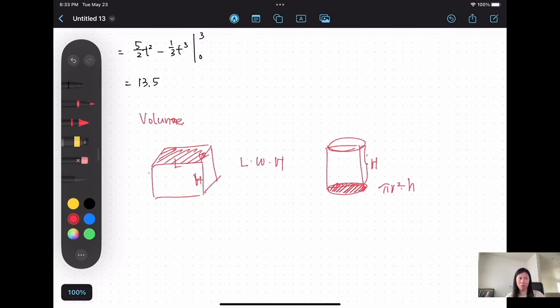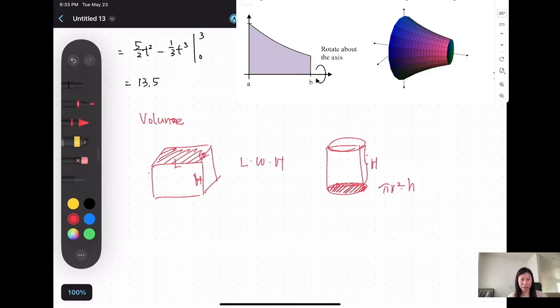So when we have some solid that is not a regular shape, how do we find the volume? Look at this solid. It looks like a cone, but it's not really. If I put an x-axis in the center of the solid, like what we show on the left of the graph, and then cut the cross section in half, we will get the graph that we see on the left.